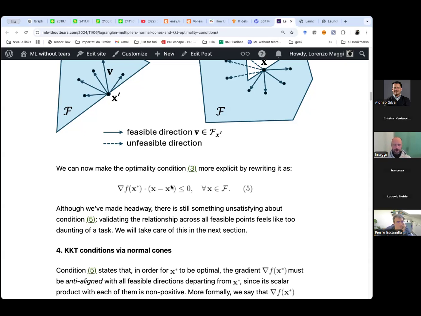We still have another problem. We don't really like F, because F can be arbitrarily complicated. In 2D, you can have a look visually at what it looks like, and you can basically understand. But in multiple dimensions, this is not really what we want.